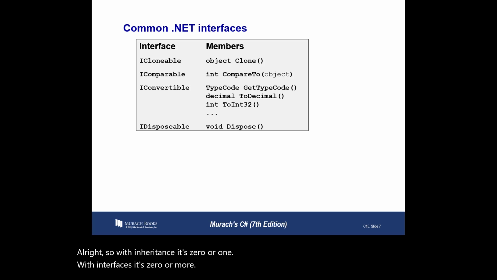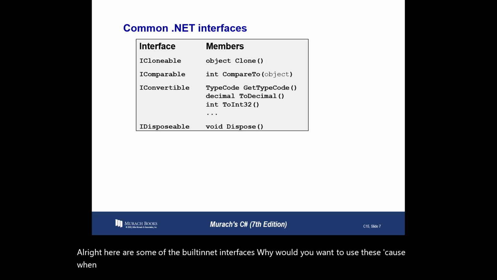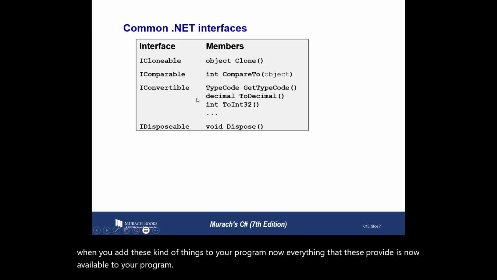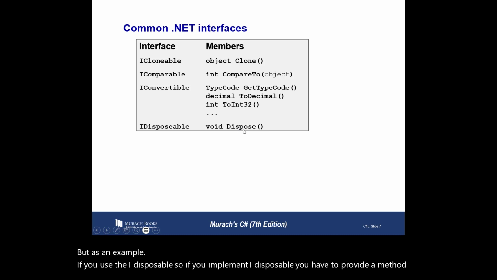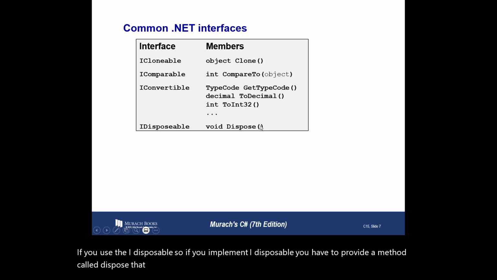All right, here are some of the built-in .NET interfaces. Why would you want to use these? Because when you add these kind of things to your program, now everything that these provide is now available to your program. As an example, if you implement IDisposable, you have to provide a method called Dispose that returns nothing and takes in no parameters.